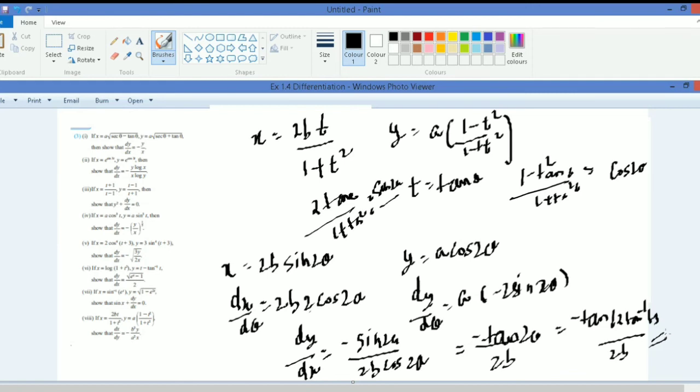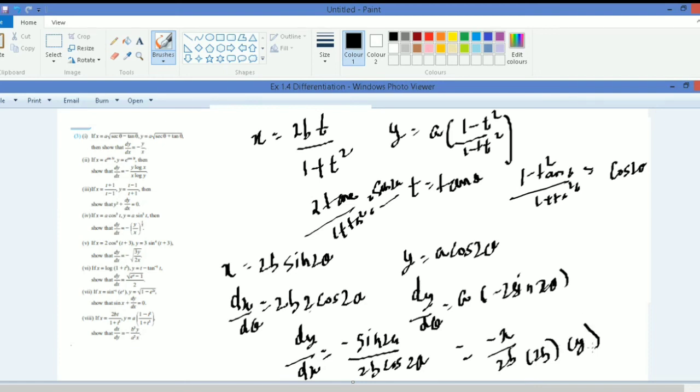So you can further try substituting the values. When you got dy by dx, instead of putting the sine 2 theta value, you can put x upon b. You can put here x upon 2b as sine 2 theta. Cos 2 theta is y upon a, and in the denominator it is 2b.